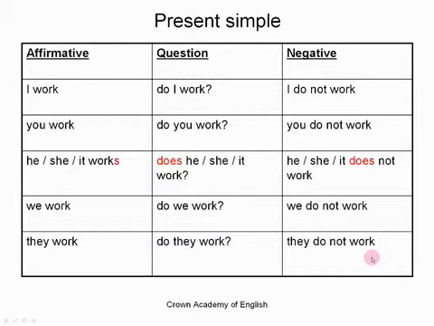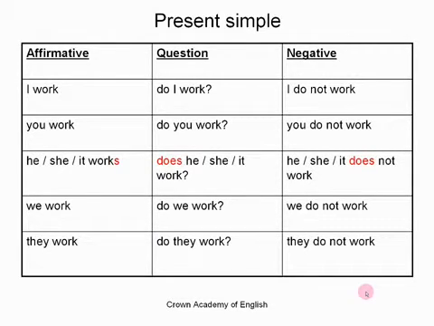Alright, so to summarize, the present simple form is actually very easy. They all, the affirmative, the question and the negative, they all take the infinitive form of the verb except the third person singular.